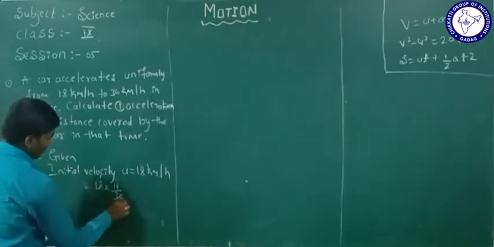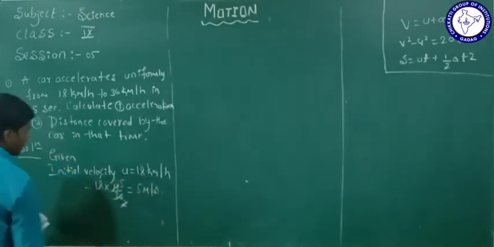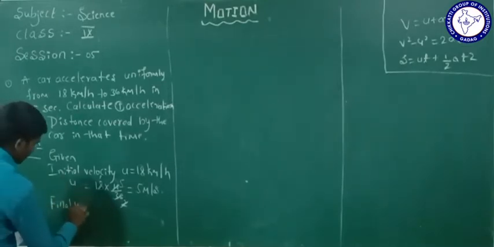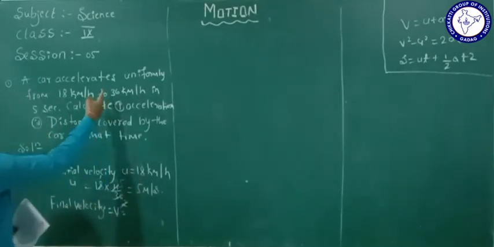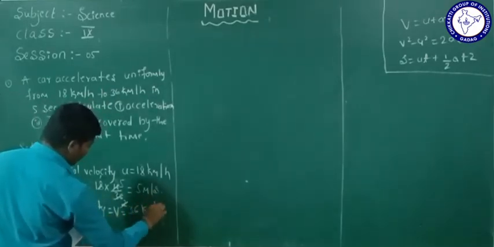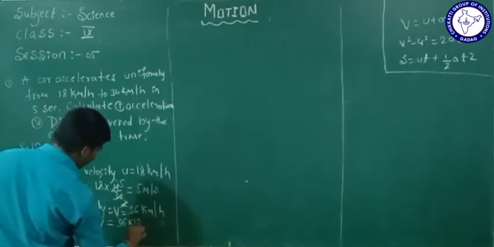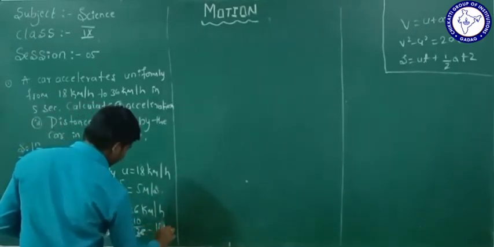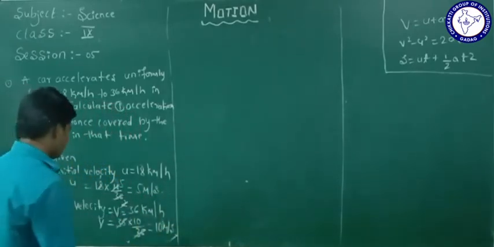That is equal to 5 meter per second. The final velocity v is 36 km per hour. Convert it into meter per second: v is equal to 36 into 10 divided by 36. The 36 gets cancelled, so v is equal to 10 meter per second.